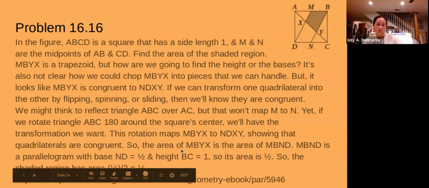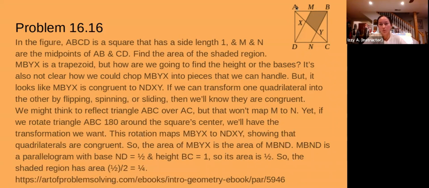So that's what Alvin basically mapped out, what the solution says down here. But you could rotate triangle ABC 180 degrees around the center of the square so that you could figure out that the trapezoids were parallel to each other.